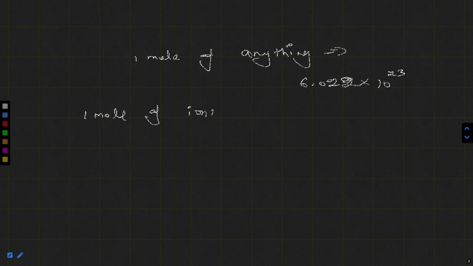It means we have 6.022 into 10 raised to the power 23 ions.